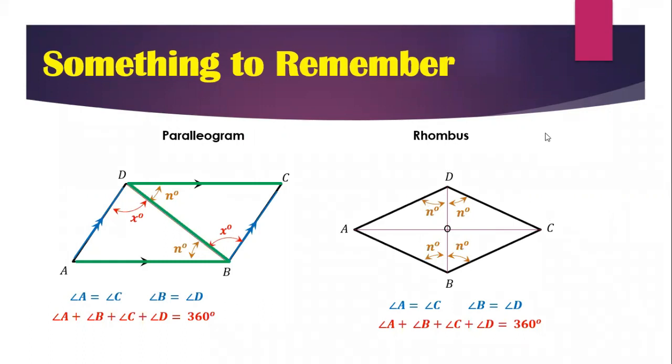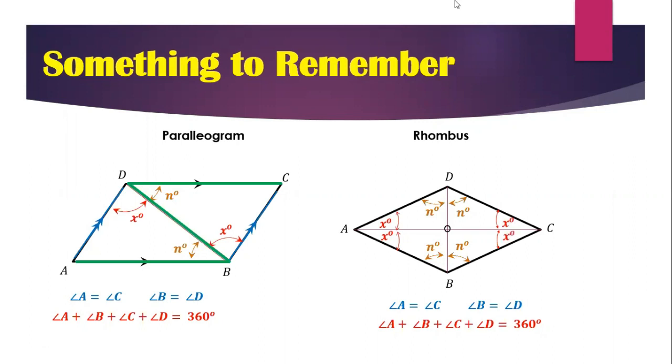Next, what about angle A and C? Let's say this angle is x degrees, and this one is x degrees. Now we go to angle C. Same and equal. x degrees and x degrees.